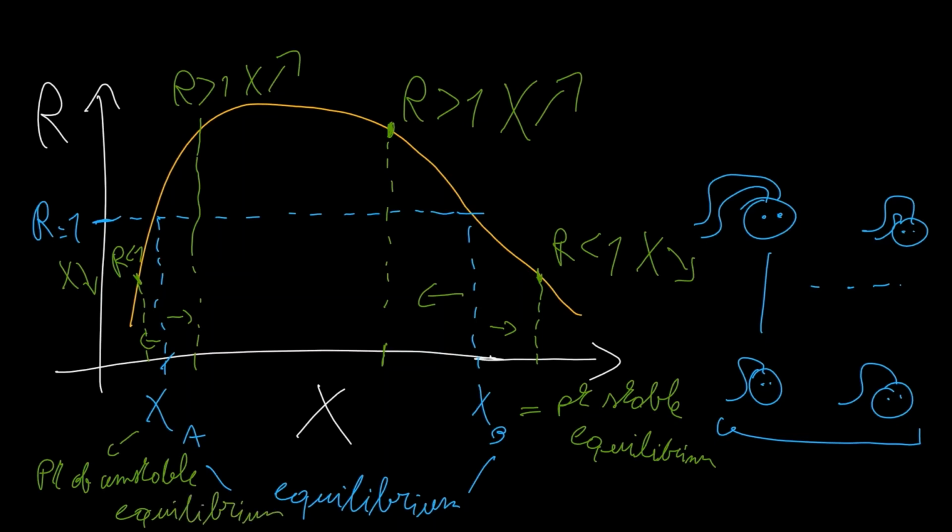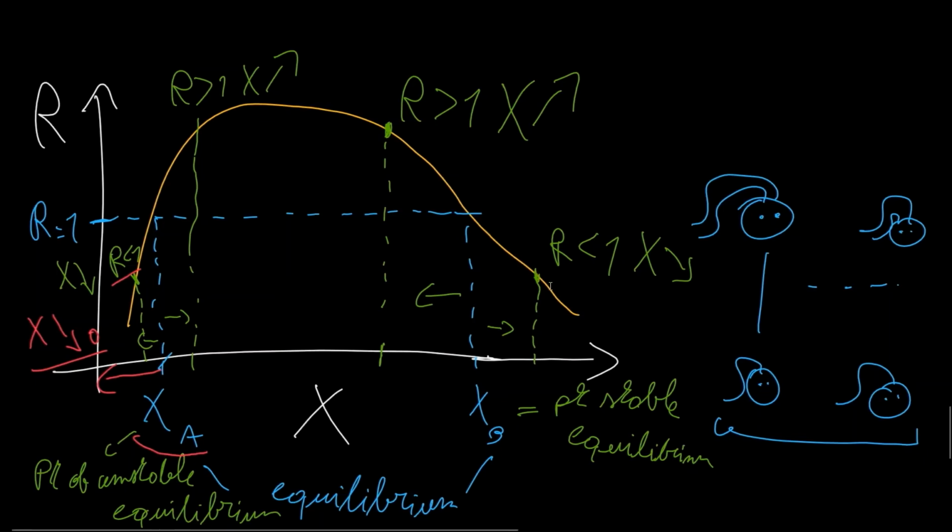Also, since when the population goes below XA, r becomes less than 1, the population will keep on decreasing until it goes extinct, so until x becomes 0. And this means that you can think of going below XA as the point of no return for the population.